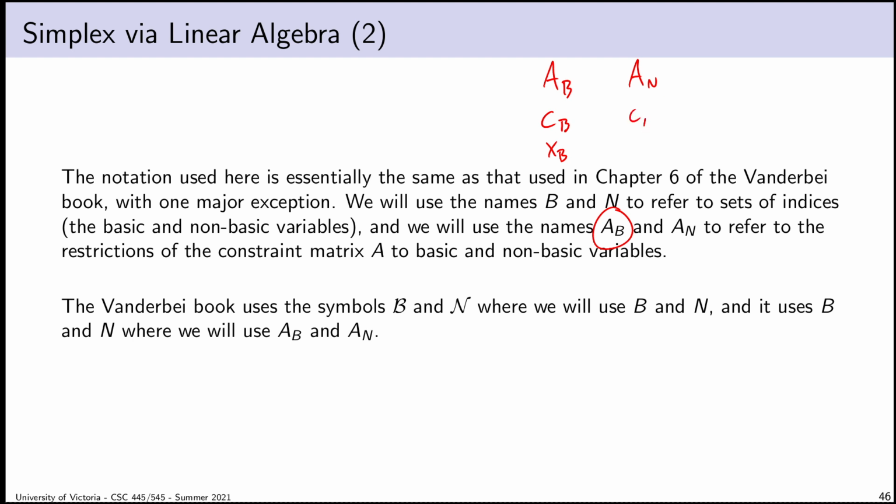It makes sense to name the restriction of the constraint matrix consistently. So I've got A_B, C_B, X_B, A_N, C_N, and X_N. And that means if I use the names B and N, I'm referring only to index sets.